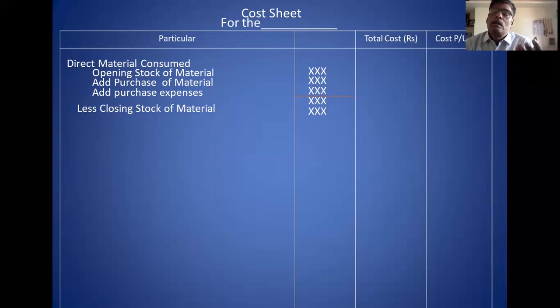Third is material returned to store. Fourth is material transferred to or given to other departments. You deduct these 4 items, then whatever answer comes, that is called material consumed. And divide this amount by the units produced. You will get the cost per unit of material.